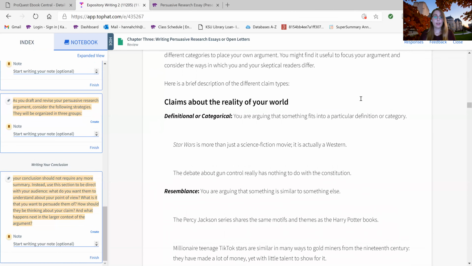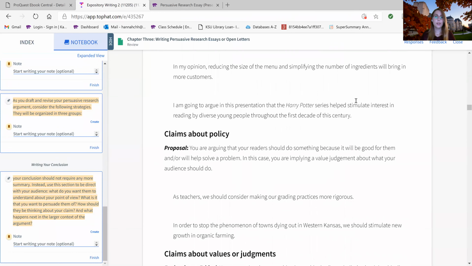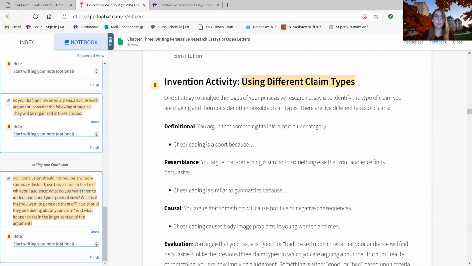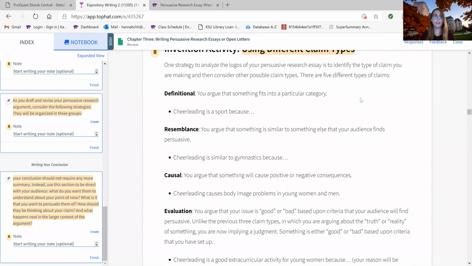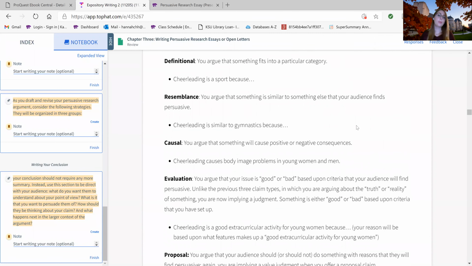And then claim types, which again, I covered all of these in a PowerPoint, but to review, there are 5 main claim types. These are definitional, resemblance, causal, evaluation, and proposal.